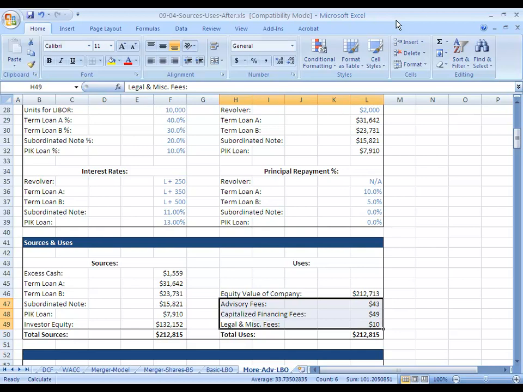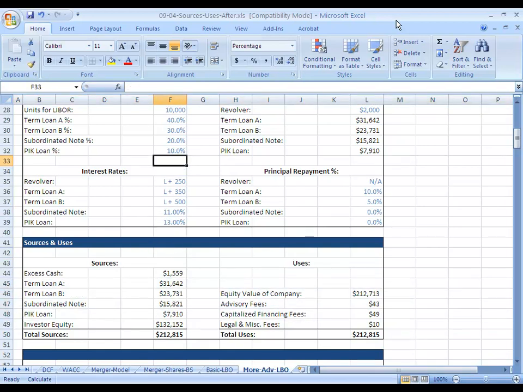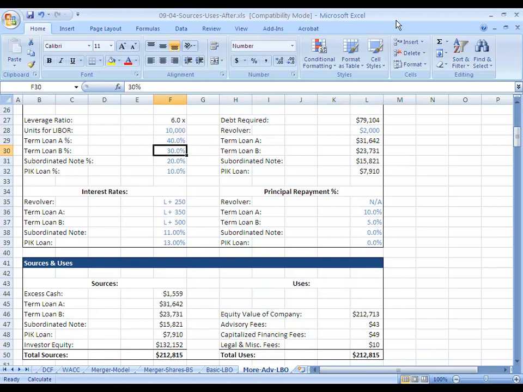And the answer is we don't have to do that necessarily, but usually with LBOs, the way it works is you assume a fixed amount of debt based on some type of leverage ratio, and then you assume that the investor equity number is the plug. We don't necessarily have to do this. We could add in an assumption that maybe instead of paying this extra 100 million with investor equity, we could do it with term loan A instead. So it's not required, but this is what you typically see in models, which is why I'm doing it like this here.